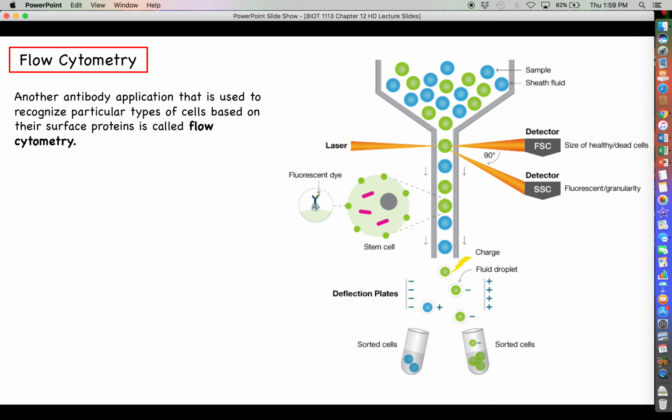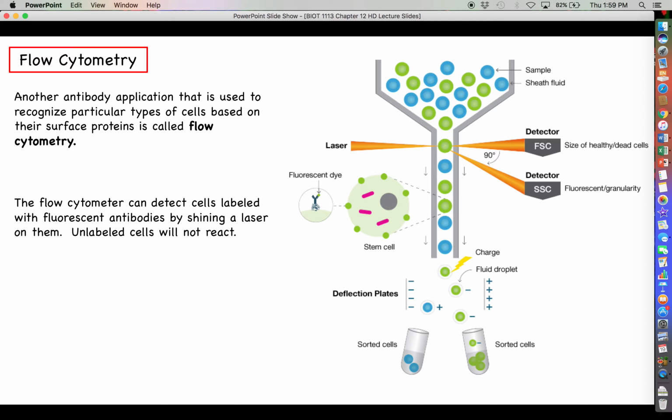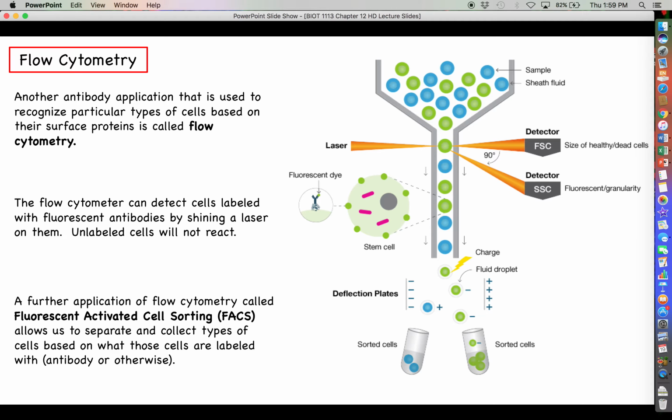Usually, this antibody that is bound to the outer part of the cell will be labeled with a fluorescent dye, and then as the cells pass through a narrow opening in the flow cytometer, they will pass a laser that should excite the fluorophore on that particular antibody. Everything is programmed and well set up so that the cells that fluoresce, meaning the cells that are labeled with antibodies, get sorted in one direction, and all the other cells that do not fluoresce get sorted into another. The unlabeled cells do not react.